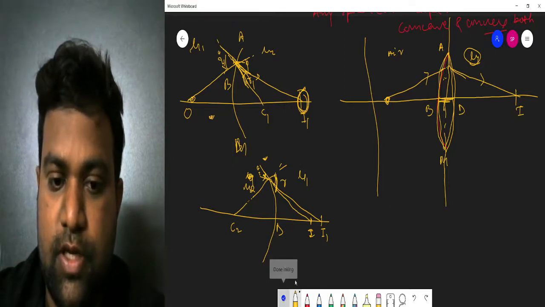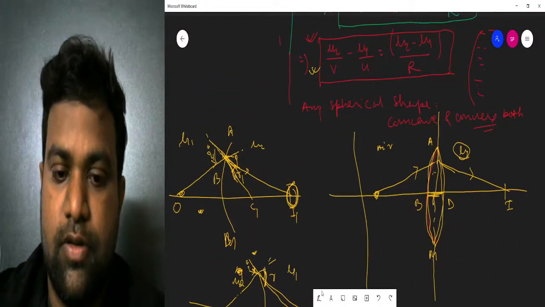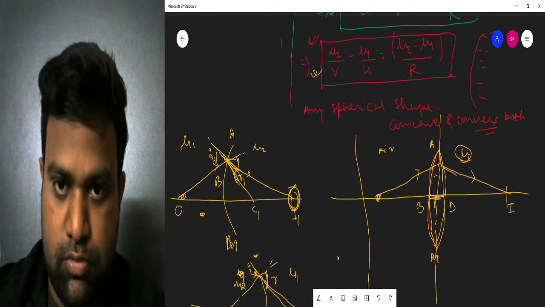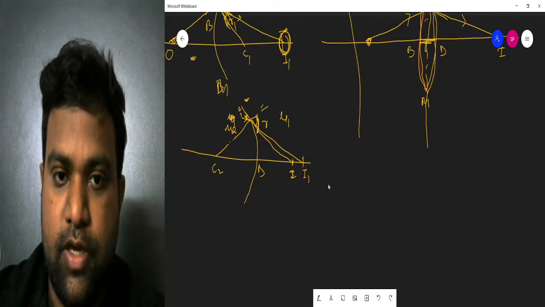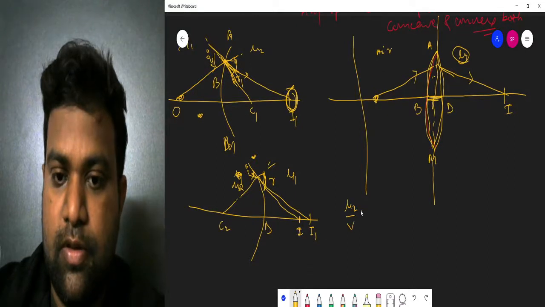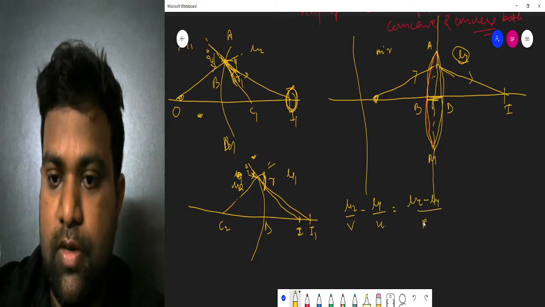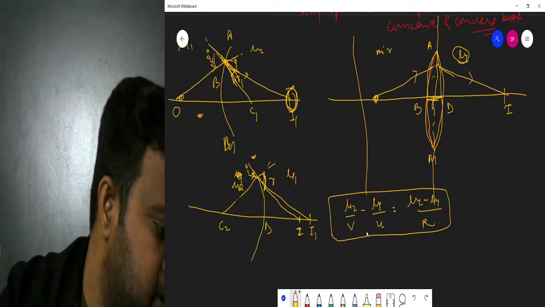Now what was our formula? The formula we have derived is mu2 by V minus mu1 by U equals mu2 minus mu1 by R. This is the formula we have derived for a spherical surface.